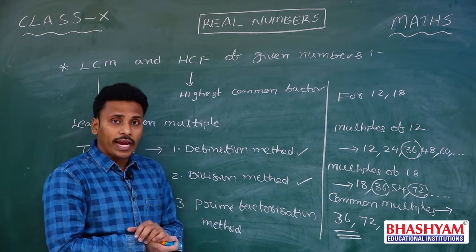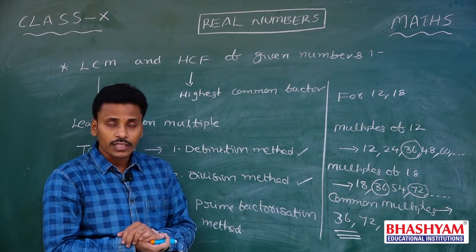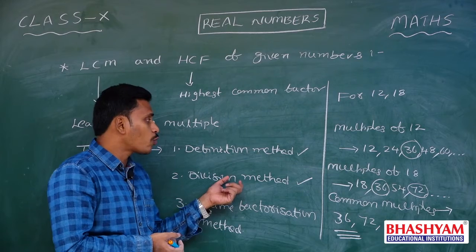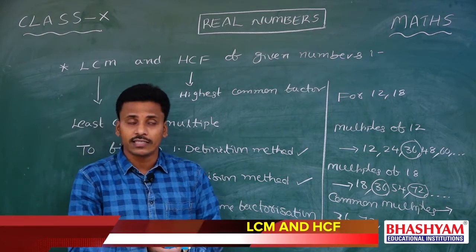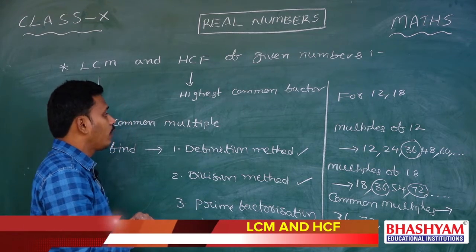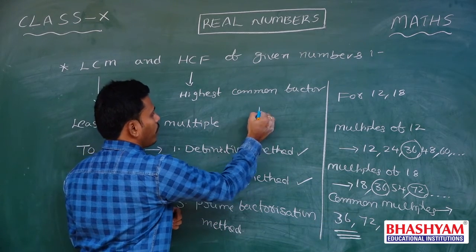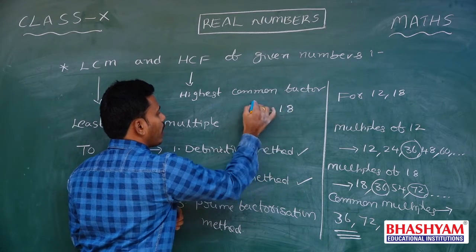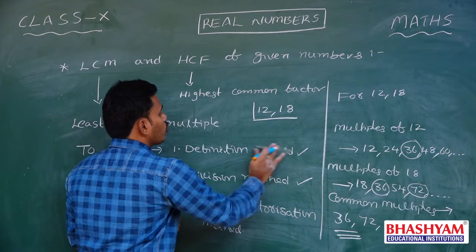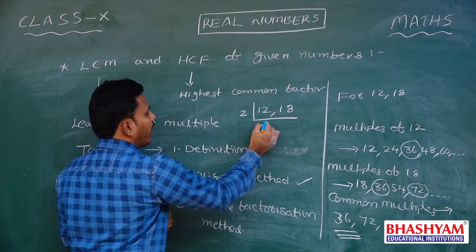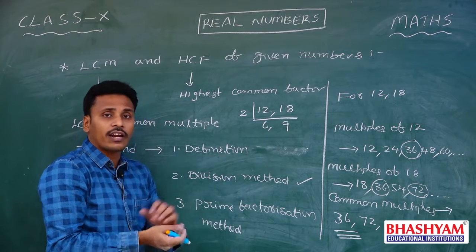And how to find the LCM of 12 and 18 by using the division method? You already learnt this in your earlier classes. For example, I have 12 and 18. I need to find the LCM for 12, 18. How to do it? I go with the number 2: 2 sixes are 12, 2 nines are 18, and here it is 6 and 9.